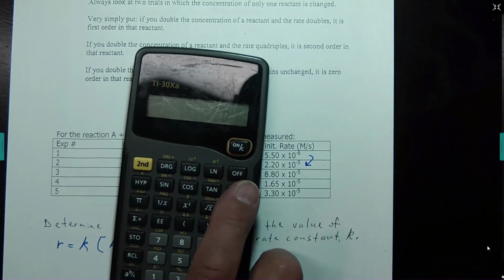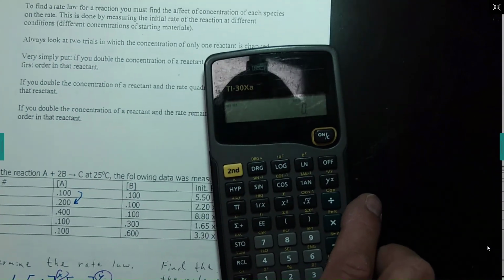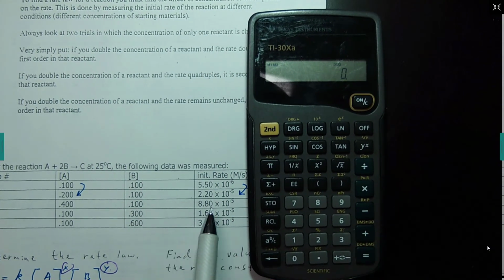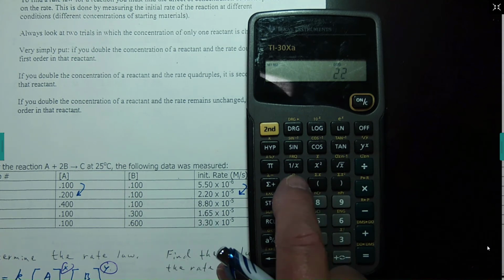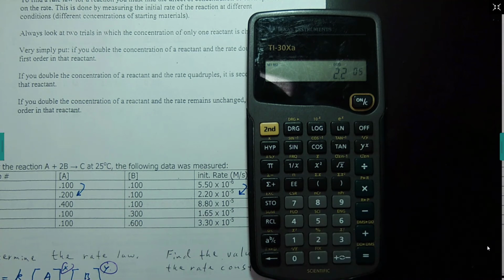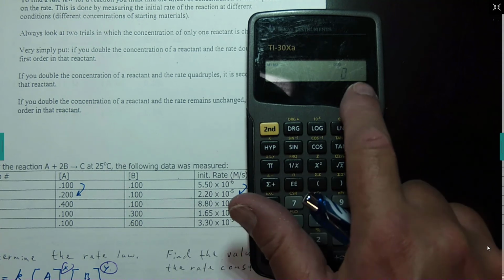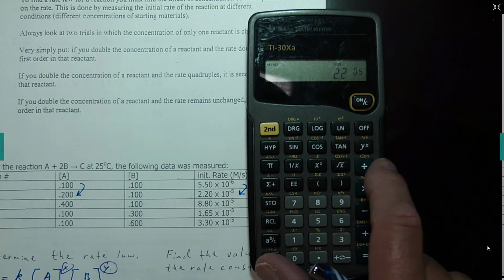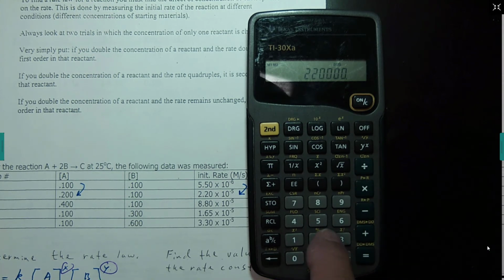So for this one, what do I have here? This rate, 2.2 times 10 to the negative 5th, divided by 5.5 times 10 to the negative 6th.